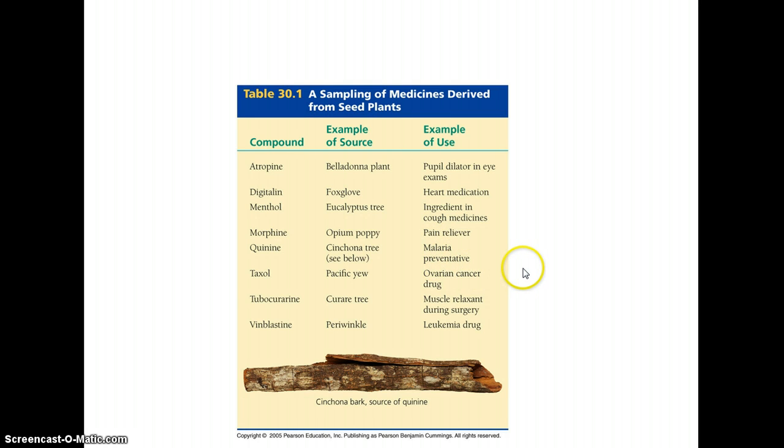There are many pharmaceutical companies that go down to the tropics to test plants for particular compounds, and here's some, of course, morphine from the poppy plant, digitalis from the foxglove, also aspirin, which comes from the bark of willow trees, is another good example. So there you go, that's plants.